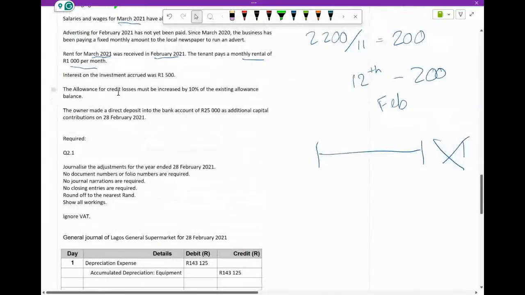Then the next one, they say allowance for credit losses must increase by 10% of the existing balance. Why would we increase our allowance for credit losses? Remember, it's a provision, isn't it? So what are we saying about the current economic climate? Is it good?